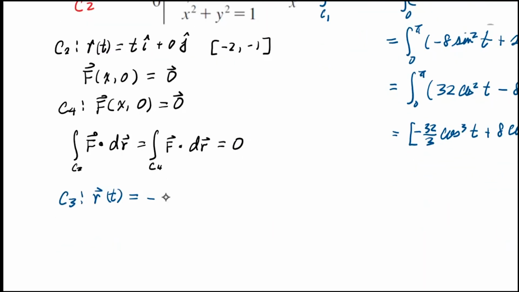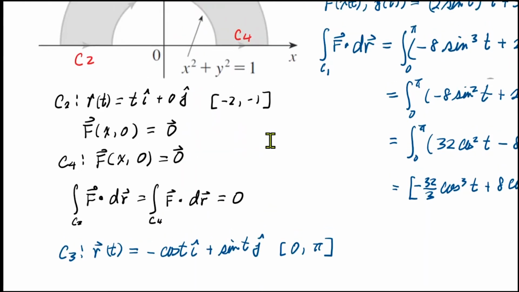I say we put negative cosine t i vector plus sine t j vector, and have t vary from 0 to pi, because when t is equal to 0, you have x coordinate -1, y coordinate 0. Do you agree with this?